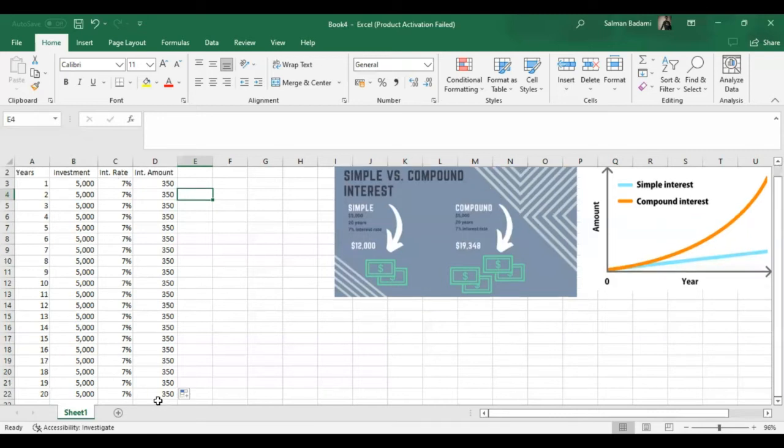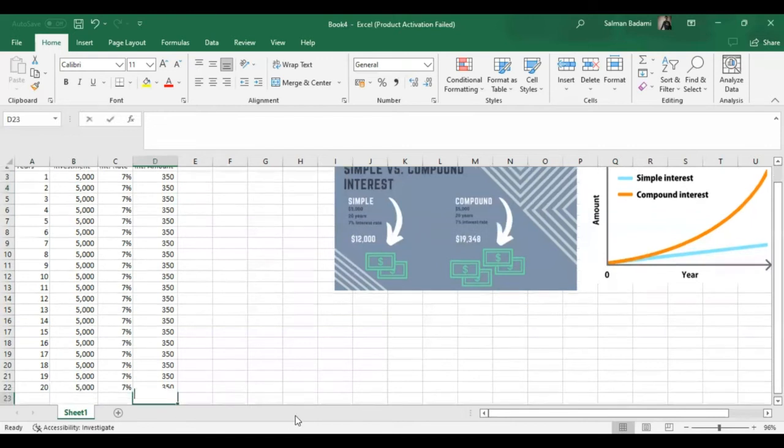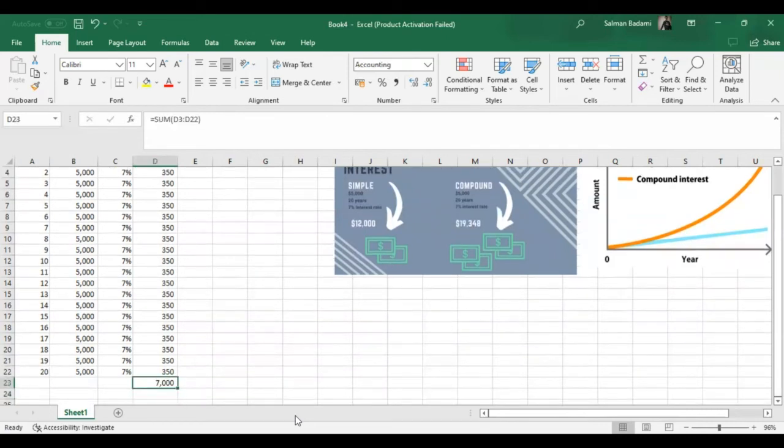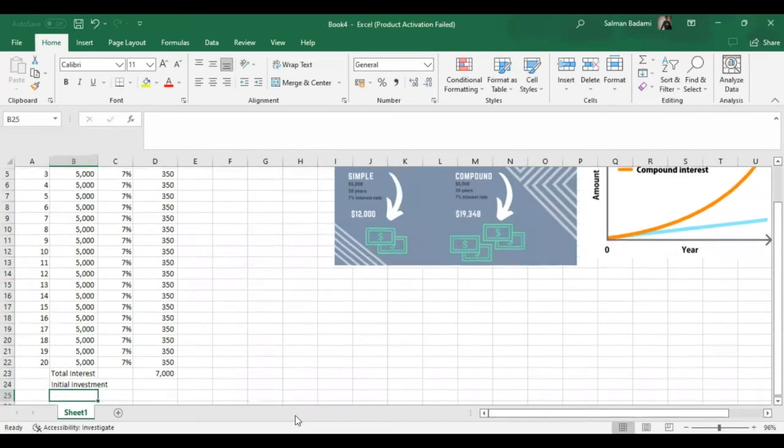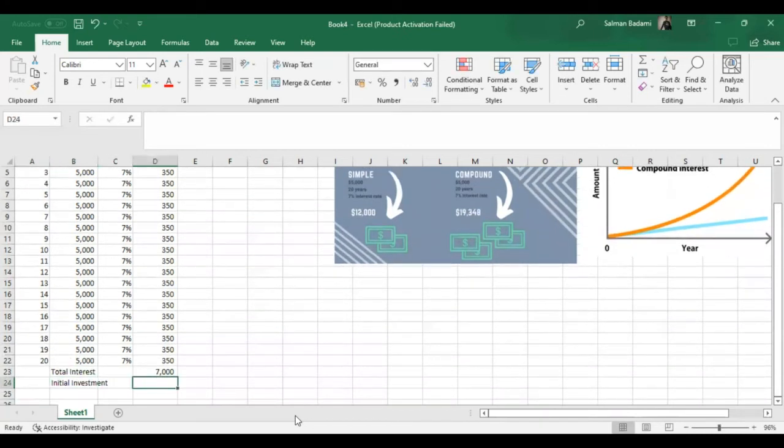So if we club all these figures for 20 years, the total interest amount is 7,000. This is the total interest which we have earned over the 20 year period. To this amount, we will add our initial investment, which is $5,000.